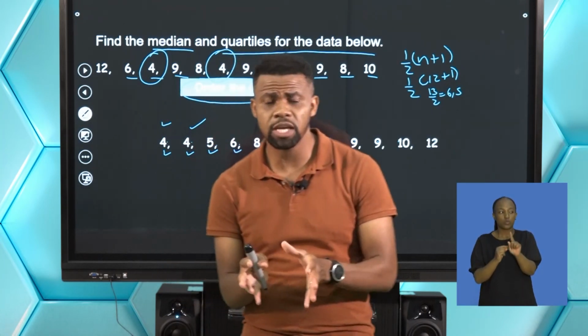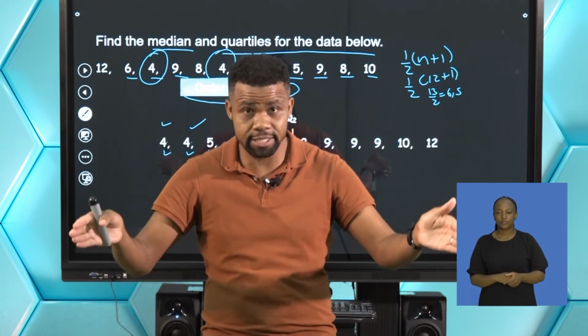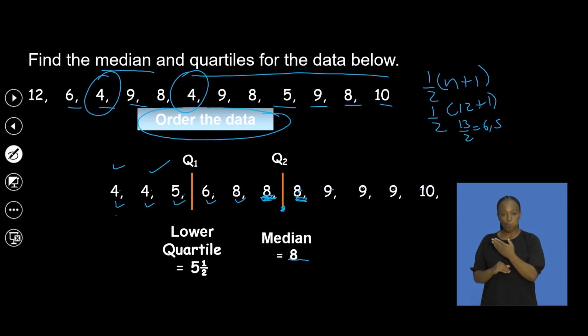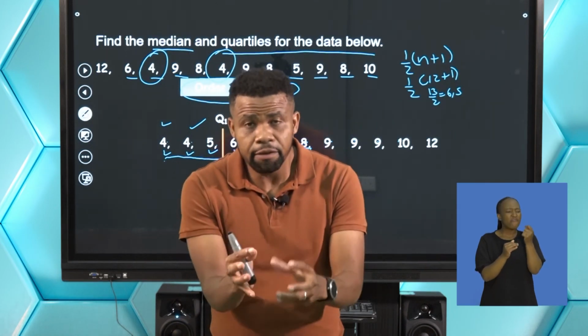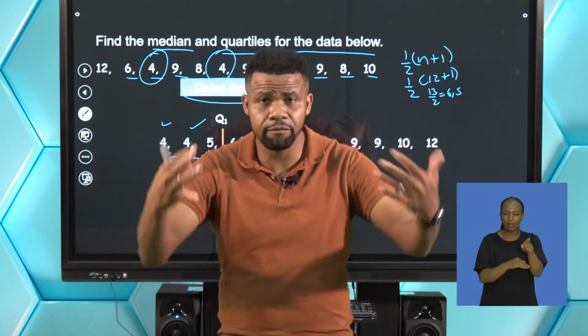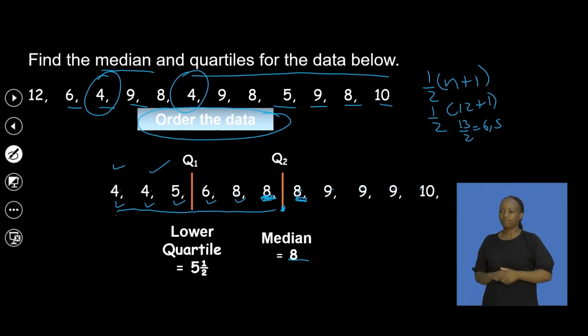For the lower quartile, what we are going to do is find the median of half of the data. So the lower quartile is half, from there to there. Find the median. If you have a small set of data, you can arrange your data, look at it and find the median. But if you want the position of the median, you can use this.